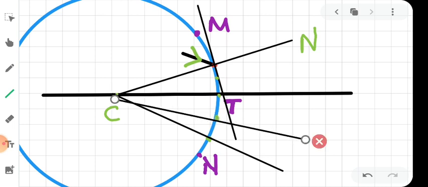They will all meet and pass through the center of curvature.